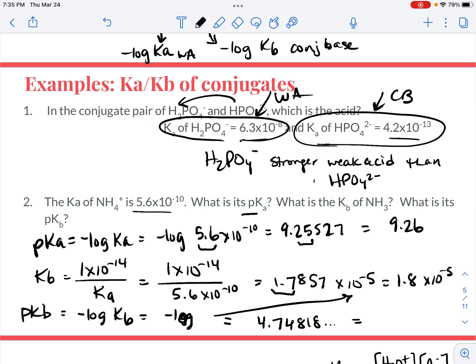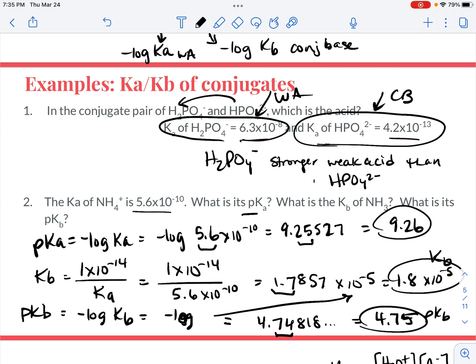My two significant figures will show up after the decimal now, so the pKb would be 4.75. Okay, so this is how you use that information to go back and forth. I know it doesn't seem important right now, but it's going to be an extremely important relationship, so you definitely want to make sure you know how to do this.